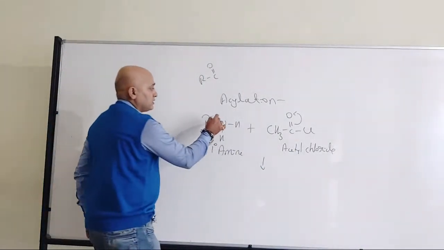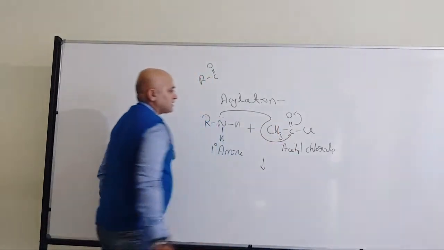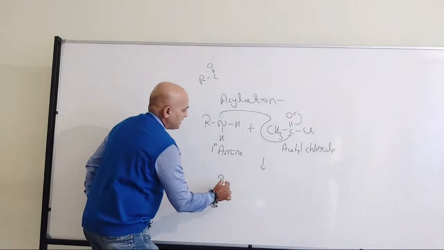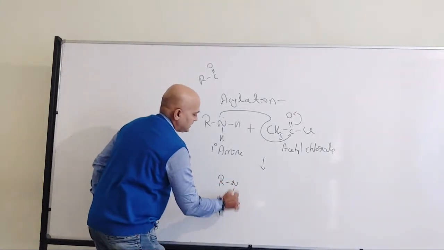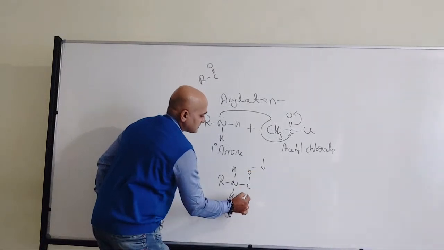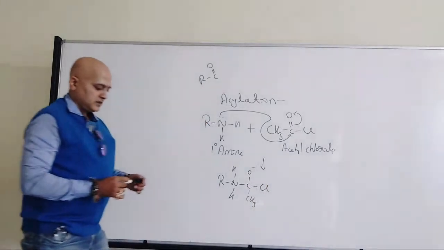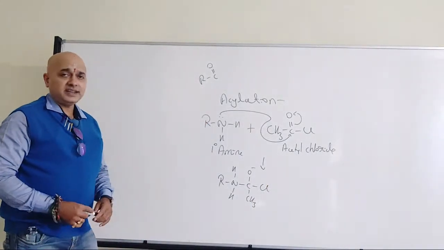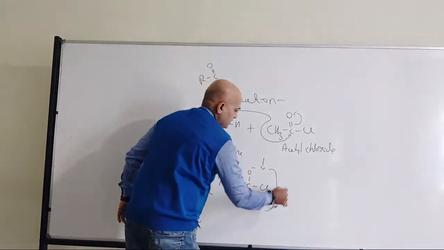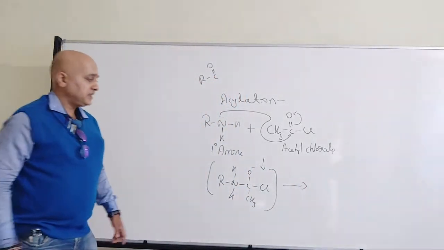So therefore, lone pair of electron is going to attack this particular carbon. Fine. Now that's where we have an intermediate with H, CO minus, CH3 and Cl. So this is an intermediate molecule. You can put square brackets or you can simply write it as intermediate molecule.